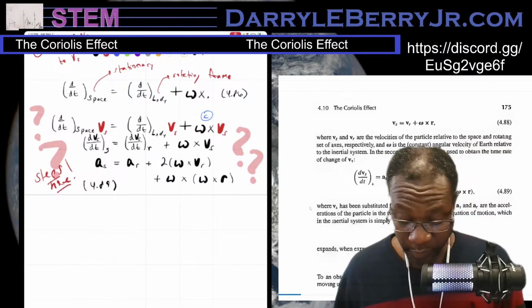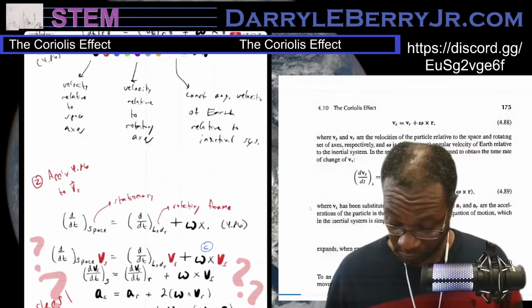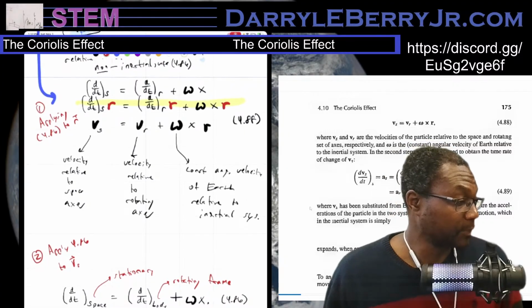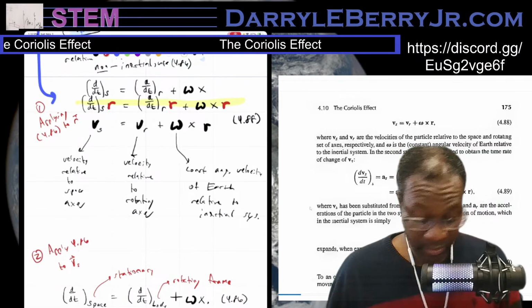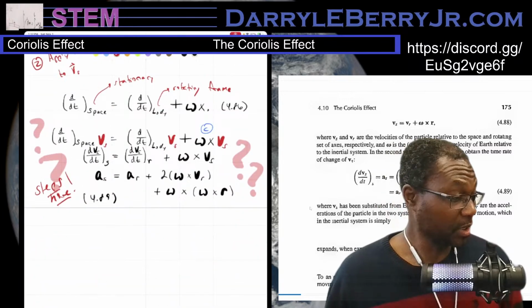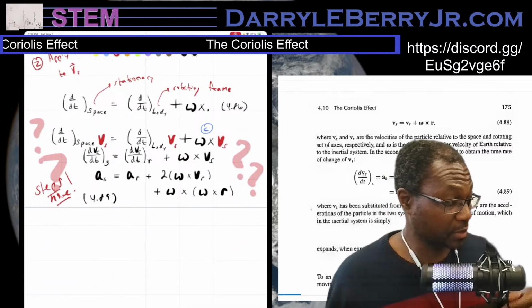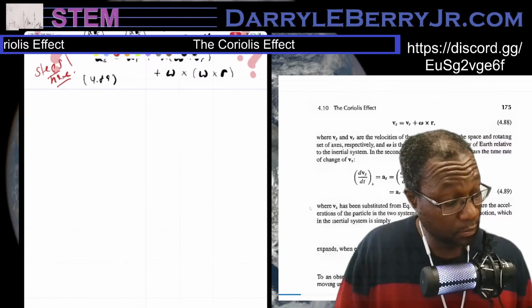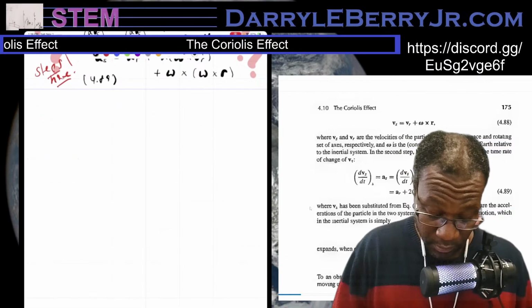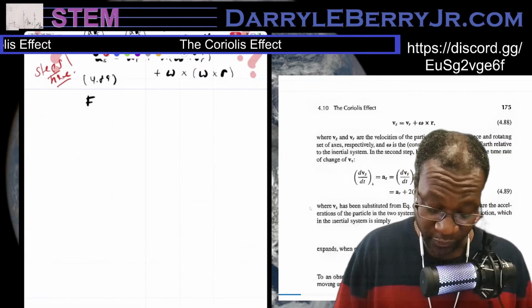VS has been substituted from equation 4.88, and where AS and AR are the accelerations of the particle in the two systems. Finally, the equation of motion, which in the inertial system is simply which we're familiar with.